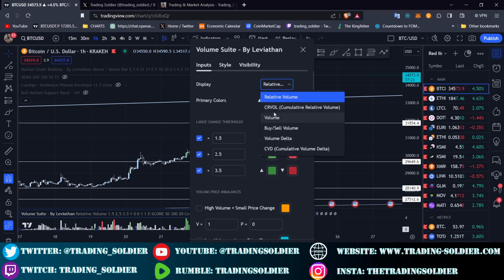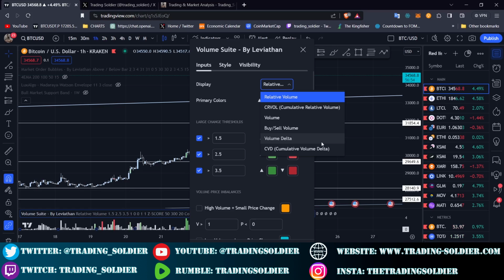For example, the cumulative relative volume, the simple volume, that is the same volume that you can find by default in TradingView. You also can use the buy and sell volume, the volume delta, and also, very important, the CVD, the cumulative volume delta. There are a lot of CVD traders that use CVDs for divergences and for analyzing the market and making their trades, their entries or their exits.